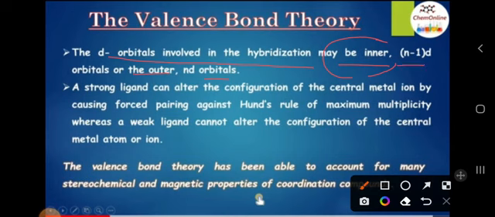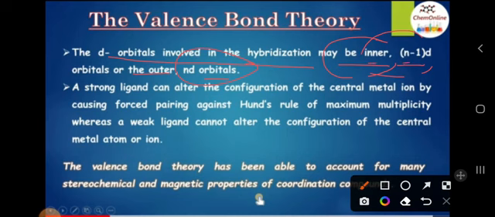What is hybridization? sp3, sp2, sp3d, d2sp3, dsp2. These all come under hybridization. This may involve the penultimate shell or the normal d orbitals. Outer means nd, inner means (n-1)d orbitals.